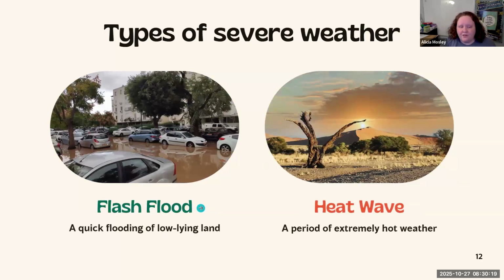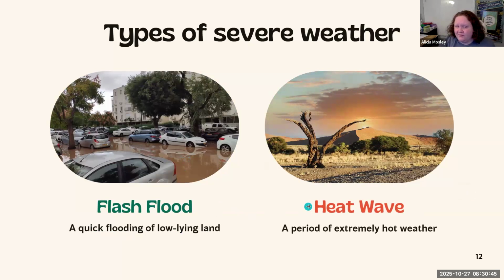We have a flash flood, a quick flooding of low-lying land. You may have seen a flash flood or a street flood, something like that. Where I used to live, we had a street in that town that everybody knew to avoid if it came heavy, heavy rains one day because it would flood kind of like this, so we couldn't drive down it.